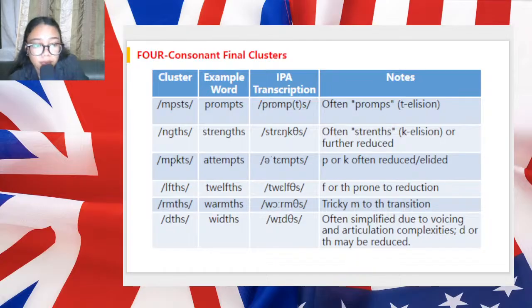This cluster often undergoes simplification, as the note explains, due to voicing and articulation complexities. The sound is voiced.